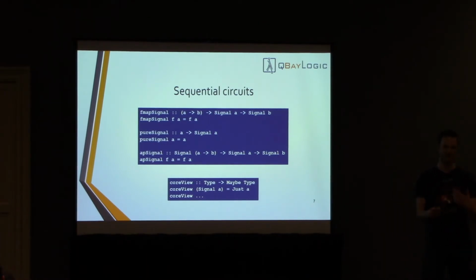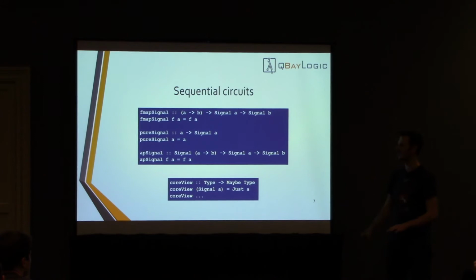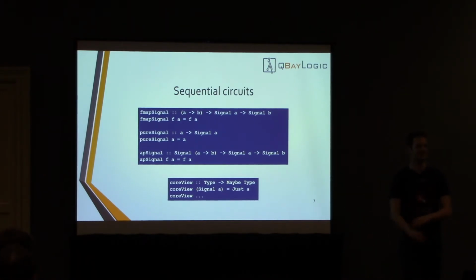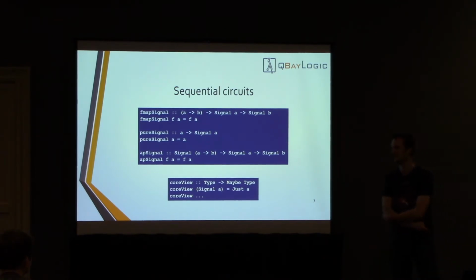If your core view wants to see an integer, and then suddenly it sees the stream constructor, it doesn't know how to deal with that. So this is how the Clash compiler sort of cheats. It doesn't have to deal with signals at all. It just looks like all of the other pure functions, or functions not working on signals.